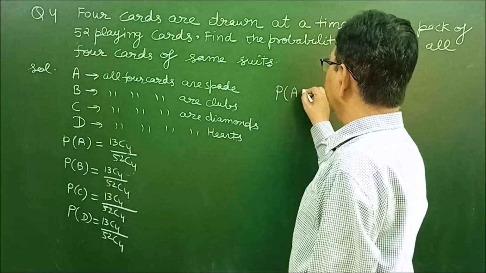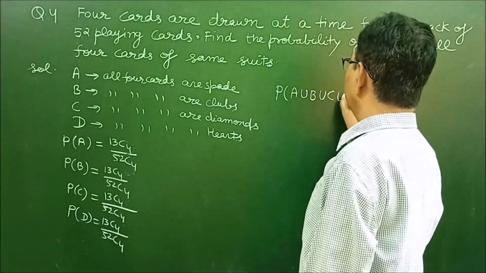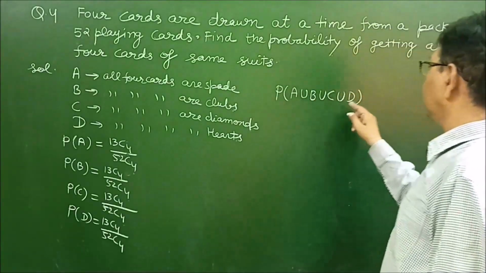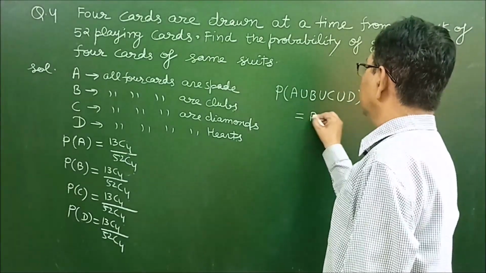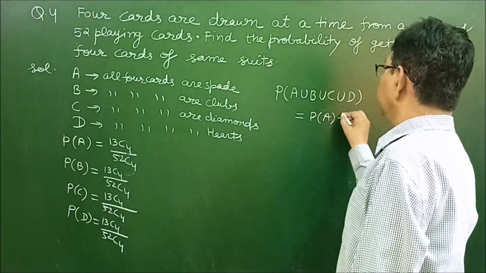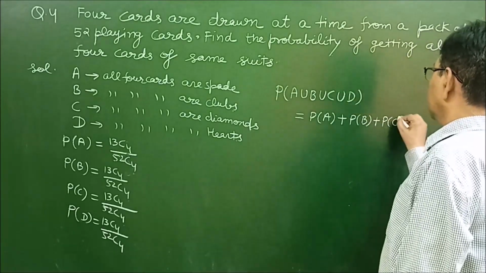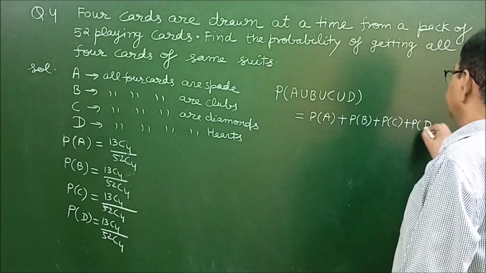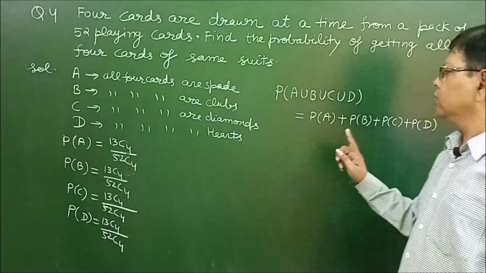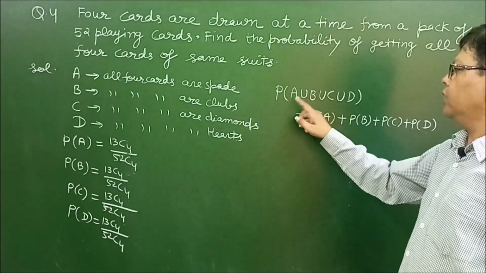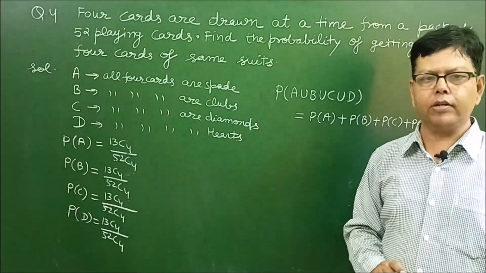Means A union B union C union D, A or B or C or D. This is equal to probability of A plus probability of B plus probability of C plus probability of D. No card is common in the events A and B, B and C, or C and D, means these are mutually exclusive events.